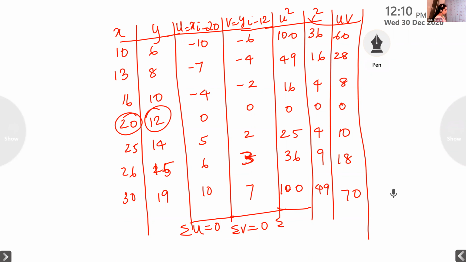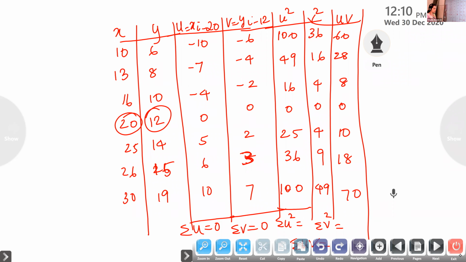Find sigma U square, sigma V square, and sigma UV. All these things you find and apply in that formula and find the coefficient. Ma'am, will the final answer be 0? No, no.